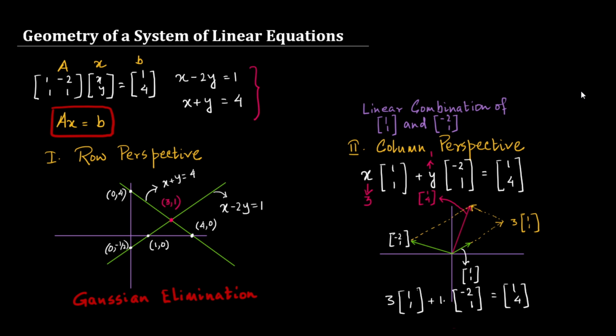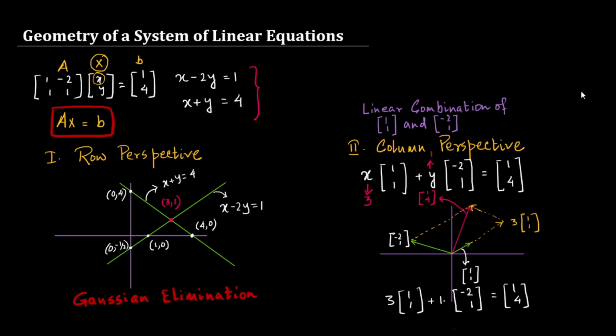Don't get confused. I have just written x as a name of this column matrix. This X is essentially not this x. If required, you can consider this as capital X also if you get confused. So any system of linear equations can be represented as a matrix equation also.